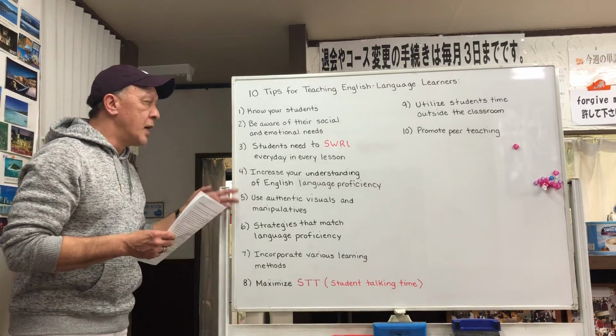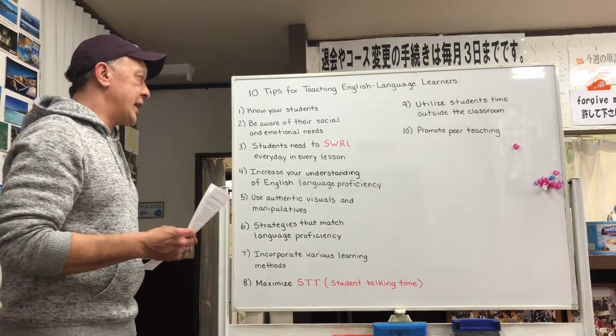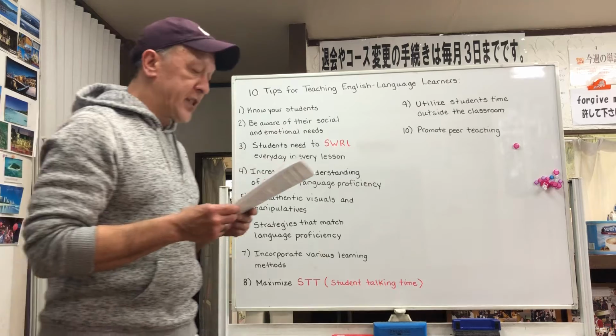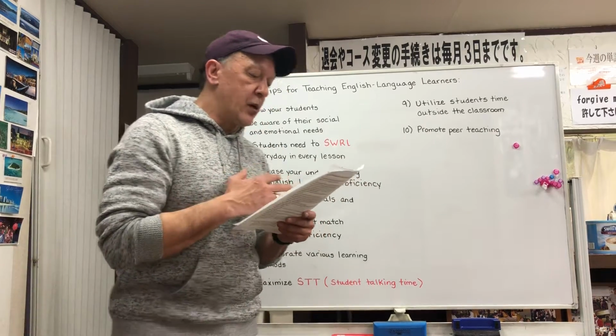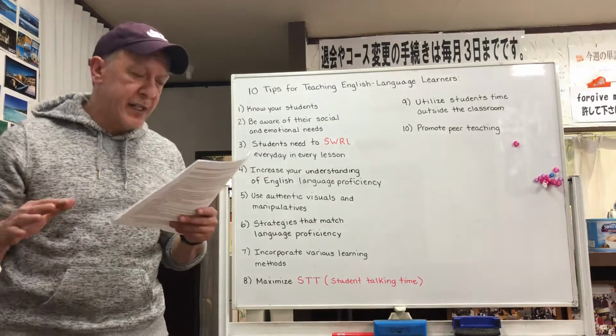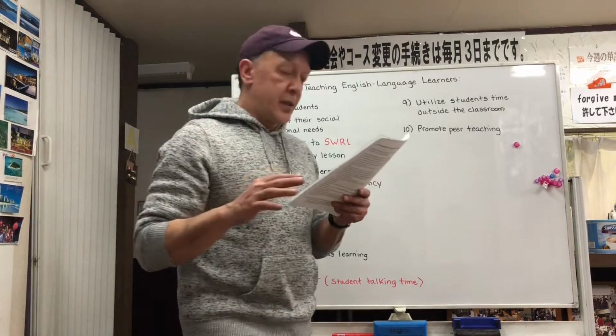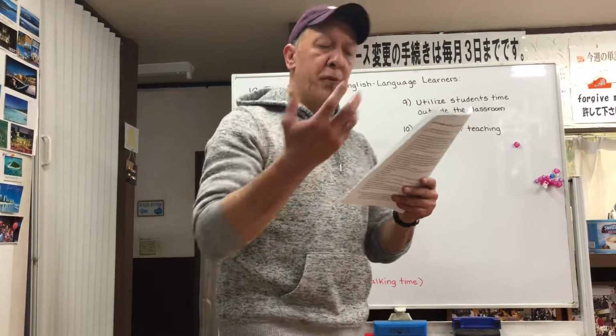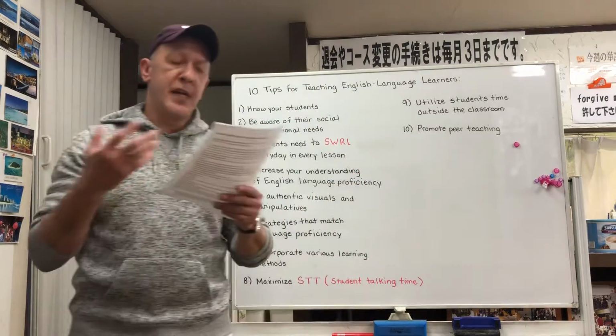Number 4, increase your understanding of English language proficiency. Social and academic language proficiencies are very different from each other. A student may be more proficient in one versus the other.